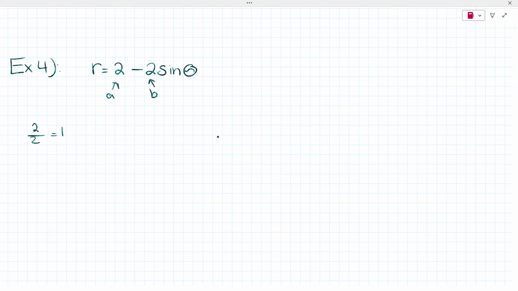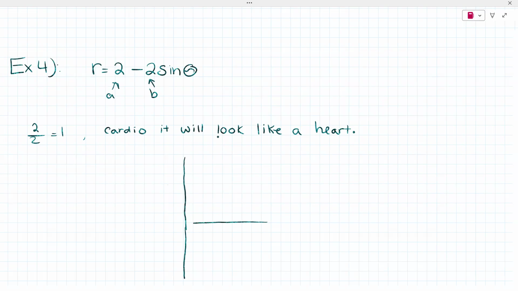And it would look like a cardioid. It would look something like this.